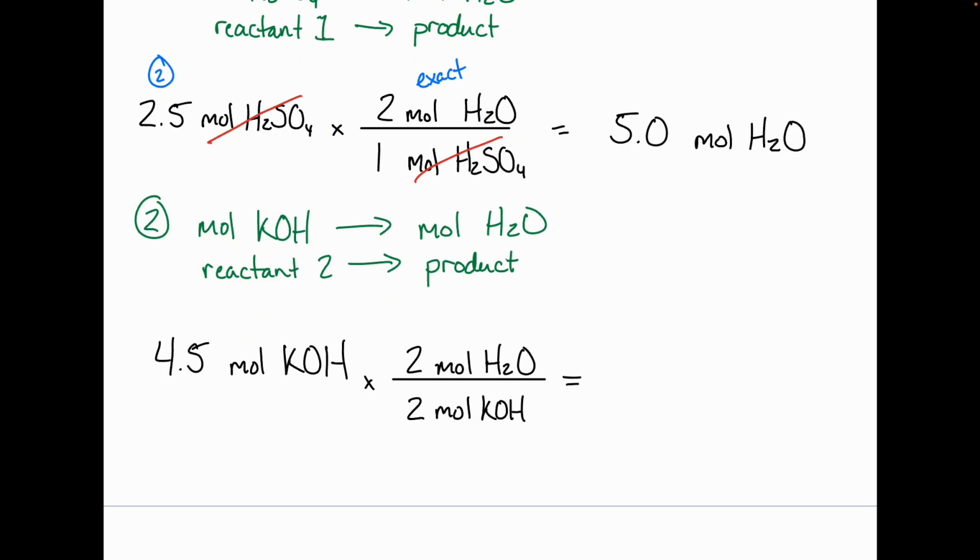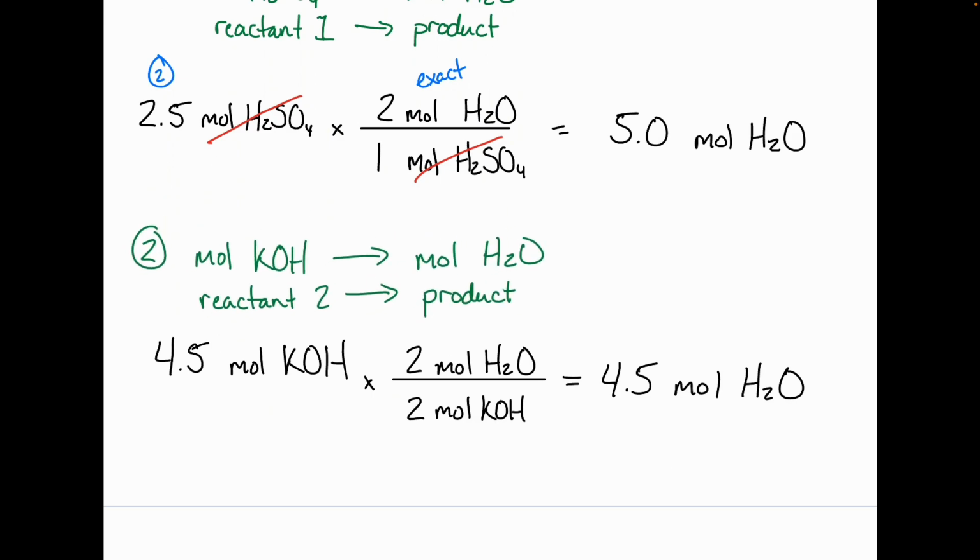So if I punch that into my calculator, 4.5 times 2 divided by 2, I get 4.5 moles of H2O. My sig figs and my units I did quickly here, but yes, that will all work out to be 4.5 moles of water.